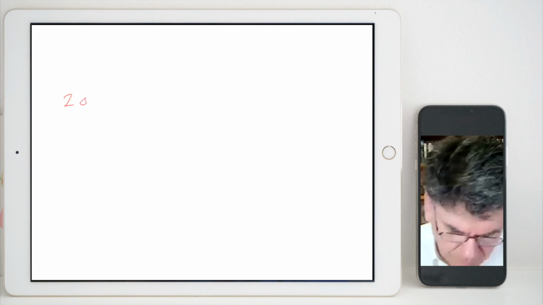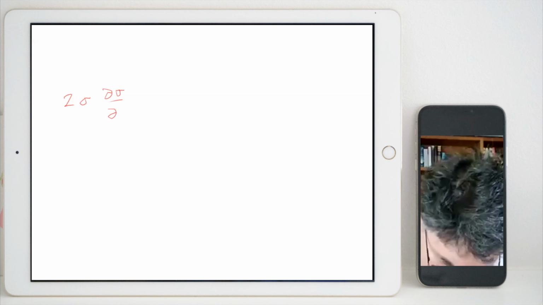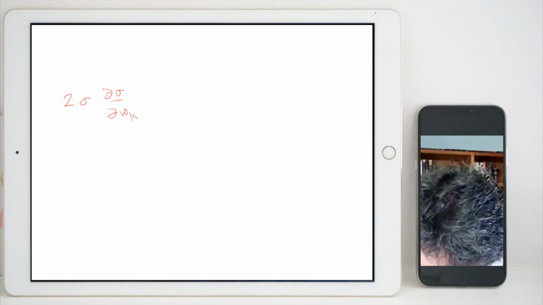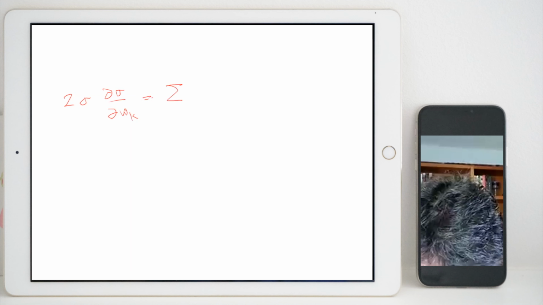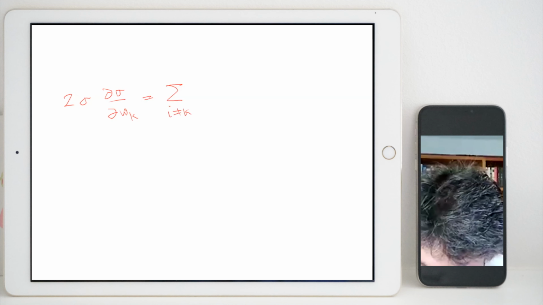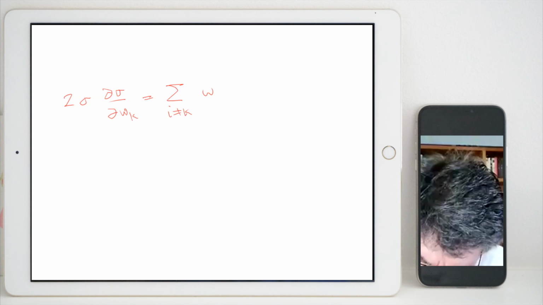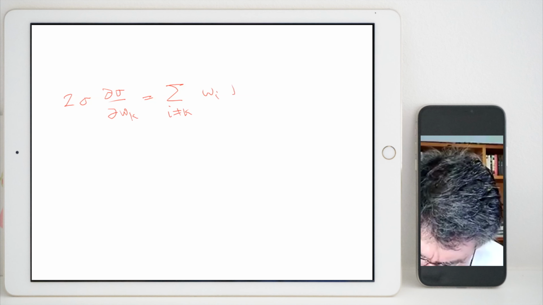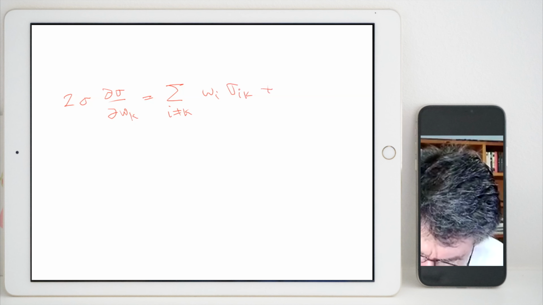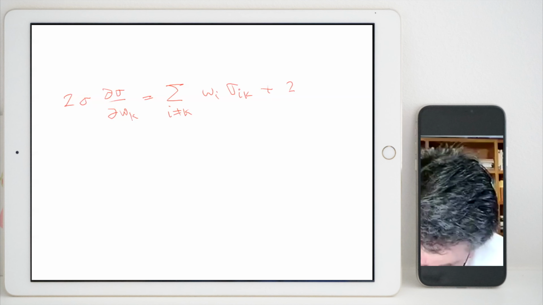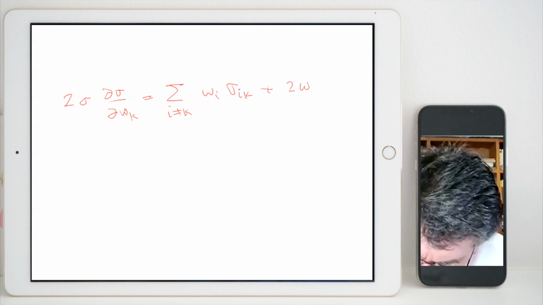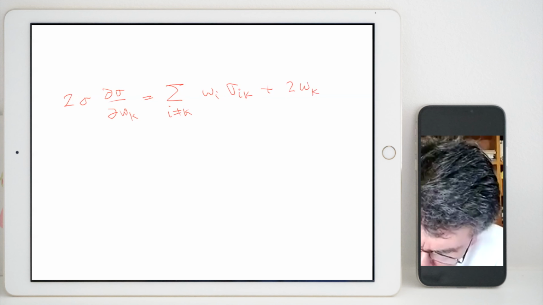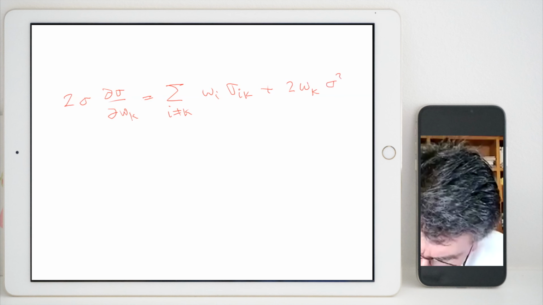So we saw here, let me see if this is understood. Is this clear?